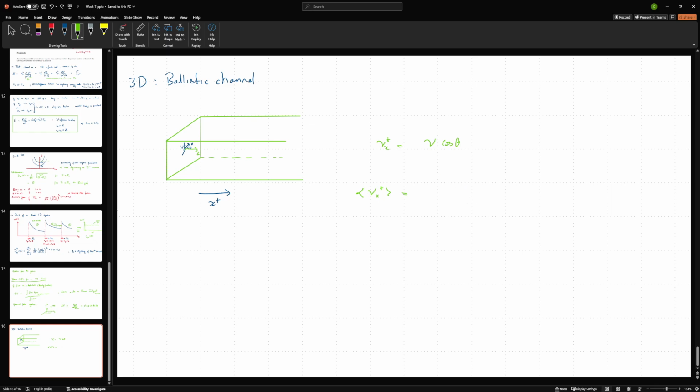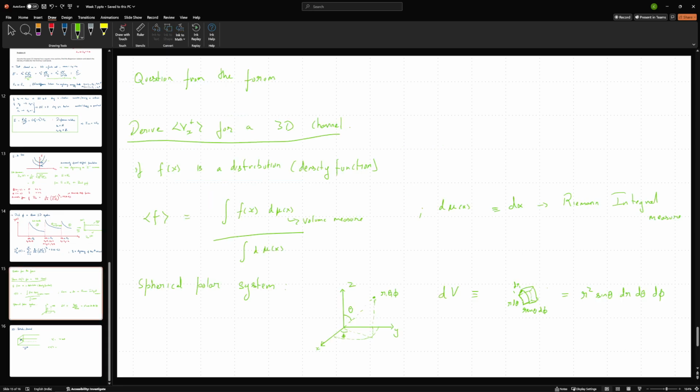Now, how many parameters will I vary? There is no r here. So for a unit sphere, I will have the differential area which is equal to sin theta d theta d phi, because r squared and dr will vanish.